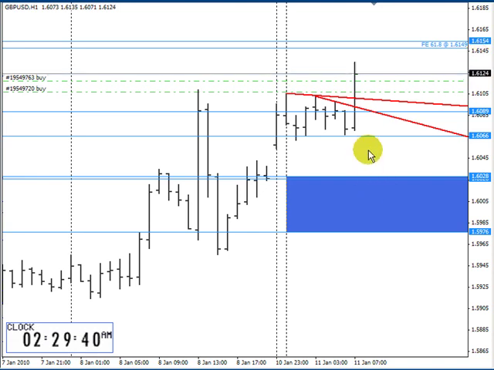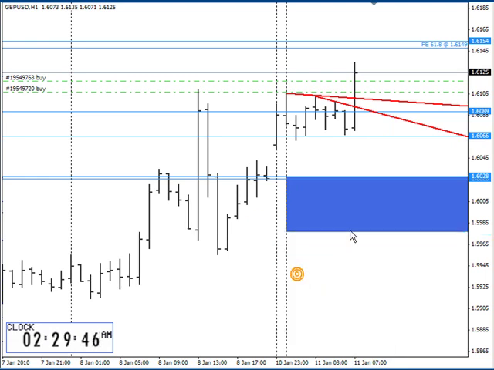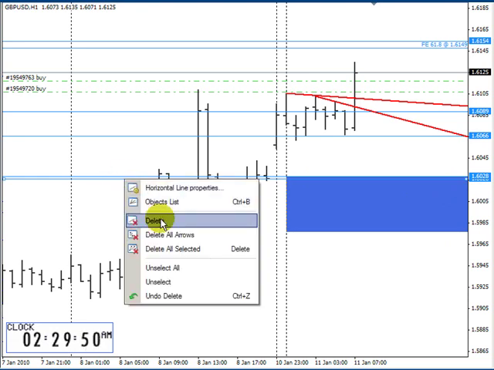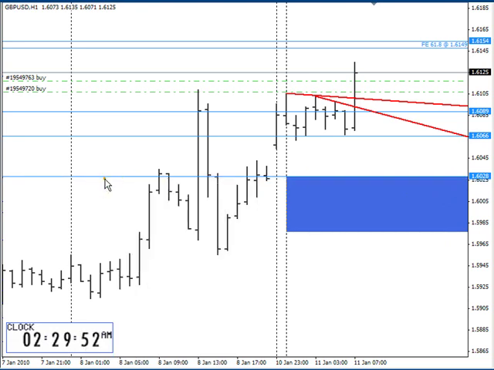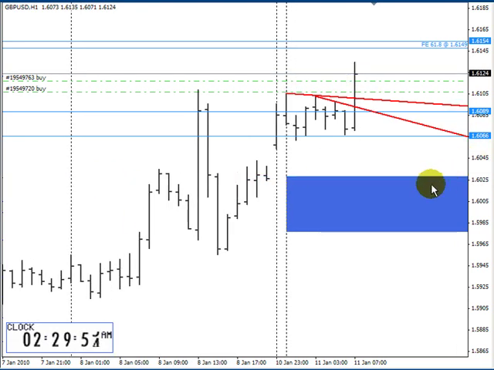My stop should still be at the 60-66 already, so the main one could be deleted, and that's no longer valid. And these guys are no longer valid, and this guy is no longer valid. So what does that mean?